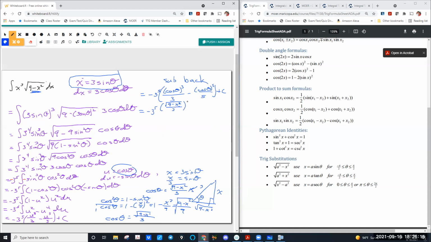Remember that though gets cubed over 3. Let's put a big old bracket here. All right. Minus, same basic thing, square root of 9 minus x squared over 3 to the 5th over 5. Bracket.